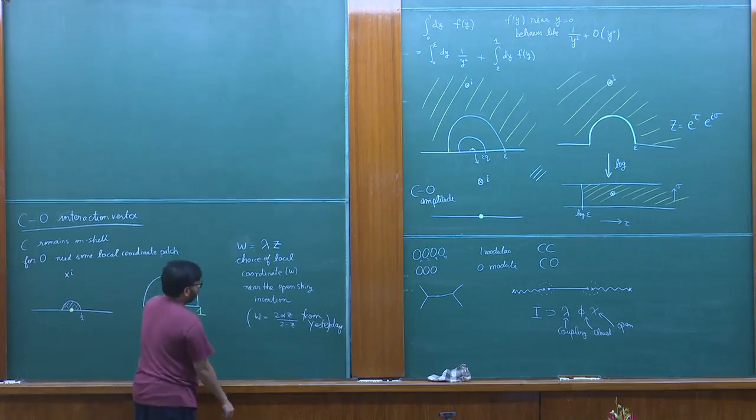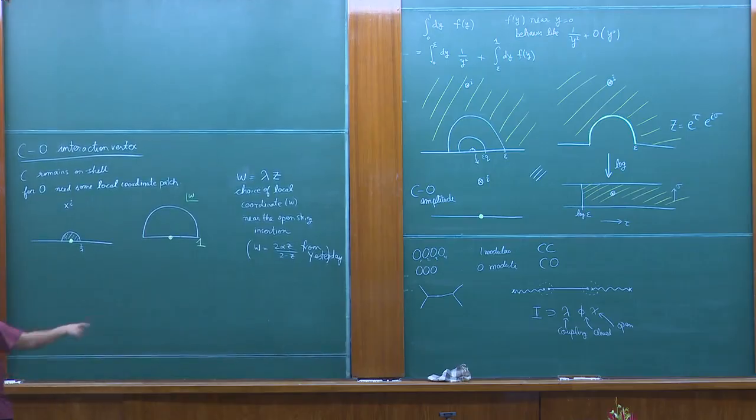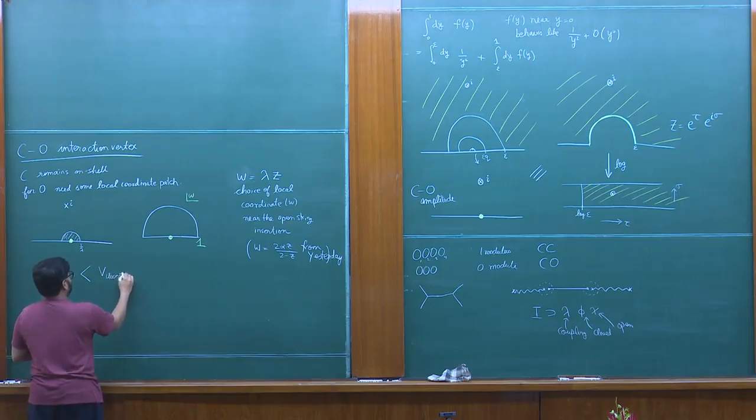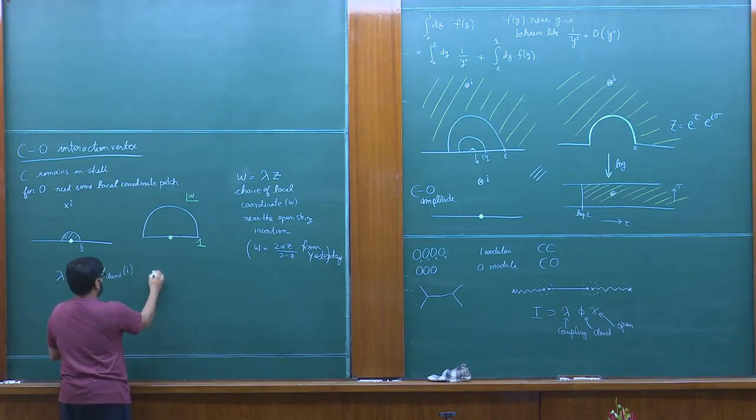And then my lambda there is just the expectation value of C, the closed string vertex operator placed at the point I, times the open string vertex operator.